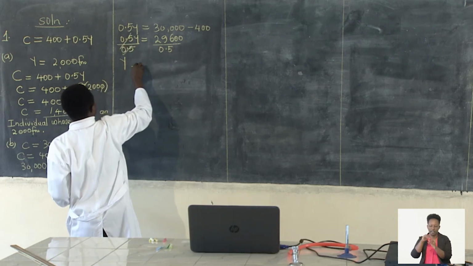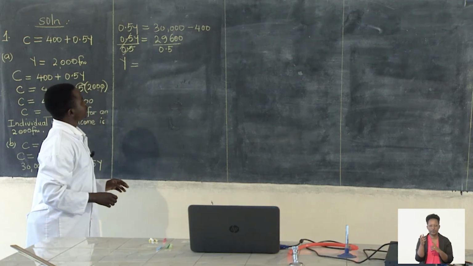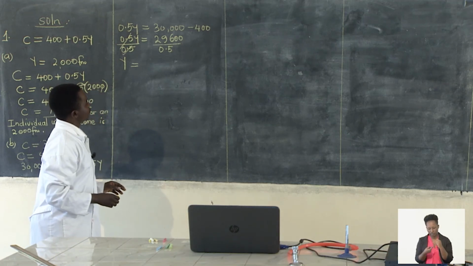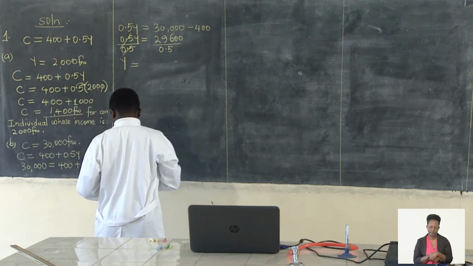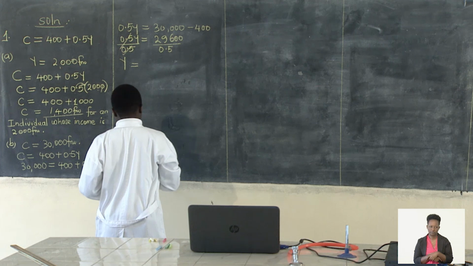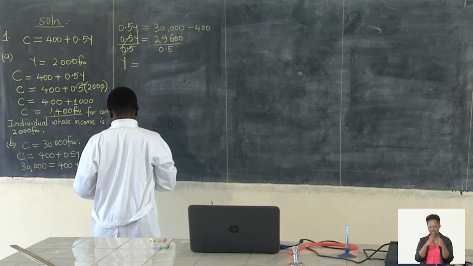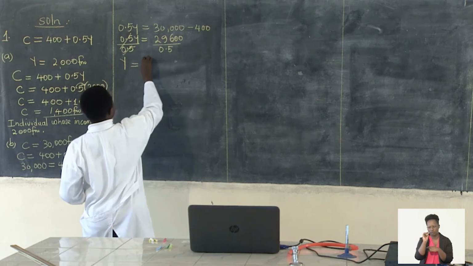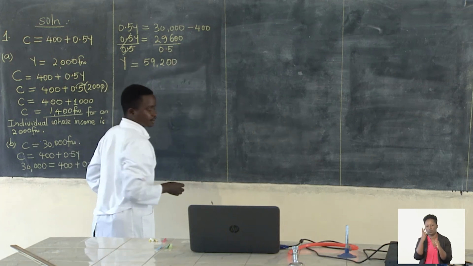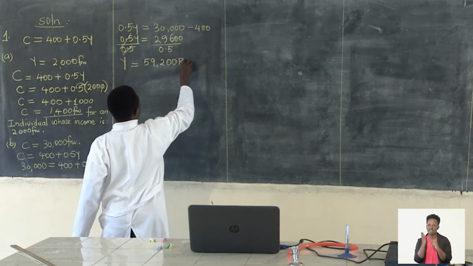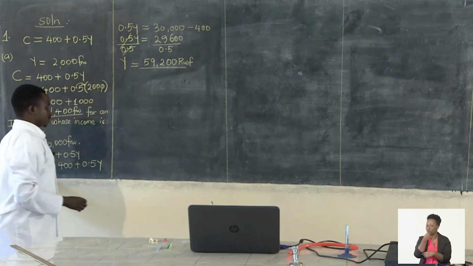So what will be our Y, which is our disposable income? 29,600 divided by 0.5, so you get 59,200. So this will be the disposable income for a person whose consumption expenditure is 30,000.